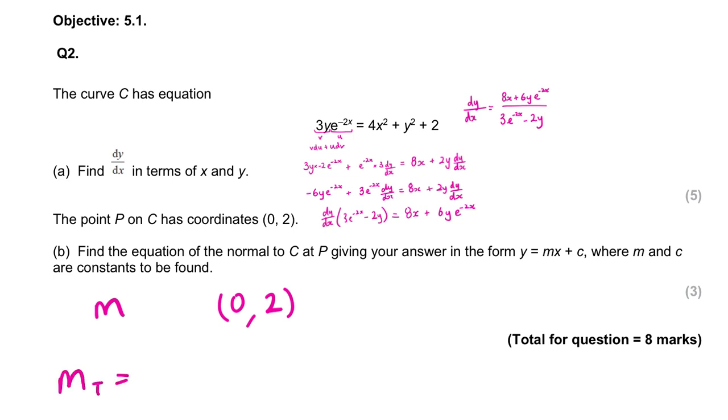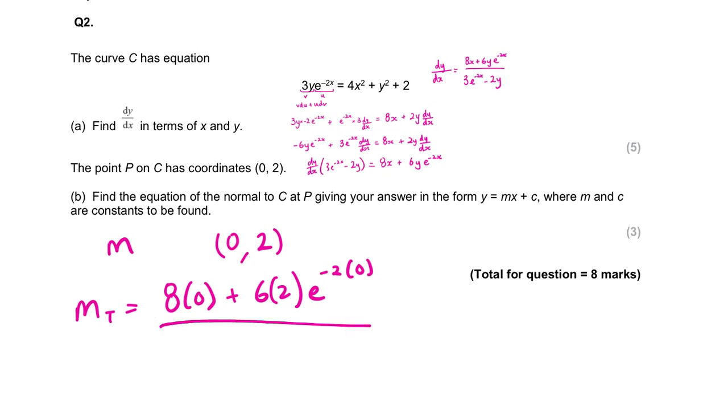So the tangent gradient is 8 lots of 0 plus 6 lots of 2 e to the minus 2 lots of 0, divided by 3 e to the minus 2 lots of 0, minus 2 lots of 2. Just to clarify, my x coordinate is 0, so everywhere there's an x I've substituted in 0, and my y coordinate is 2, so everywhere there's a y I've substituted in 2.